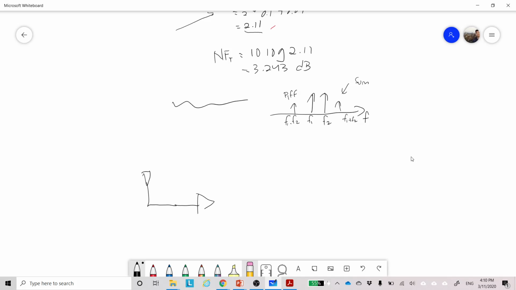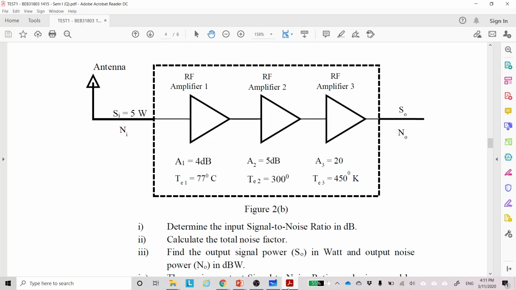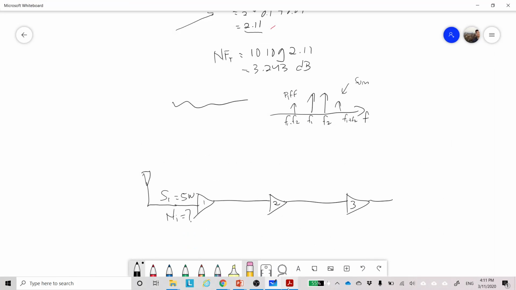So 1, 2 and 3. Okay. You diberikan SI equal to 5 watt. NI tak diberikan. And then you diberikan A1, A2 dan A3. So A1 sama dengan 4 dB, A2 sama dengan 5 dB, A3 sama dengan 20.